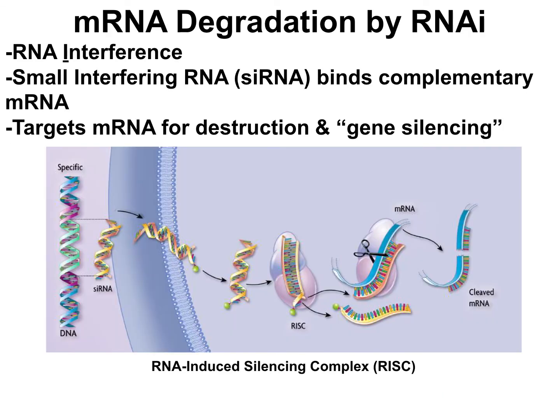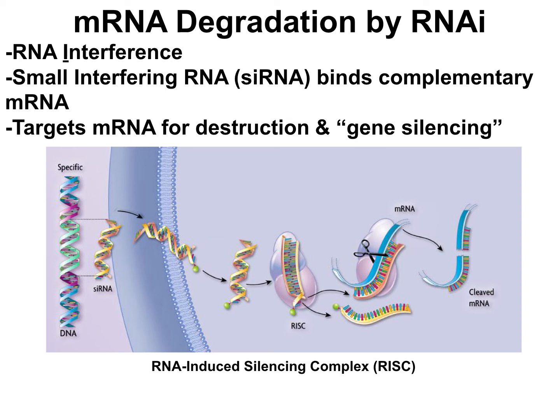Besides the poly-A tail, an mRNA can be shut down using RNAi, or RNA interference. Here's how RNAi works. Specialized types of RNA are made called small interfering RNA, or siRNA. siRNA are complementary to specific mRNAs, so they'll stick together, the siRNAs and the mRNAs.